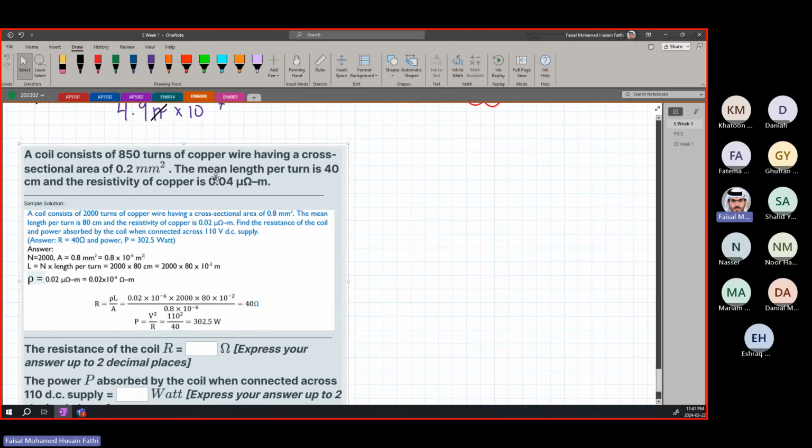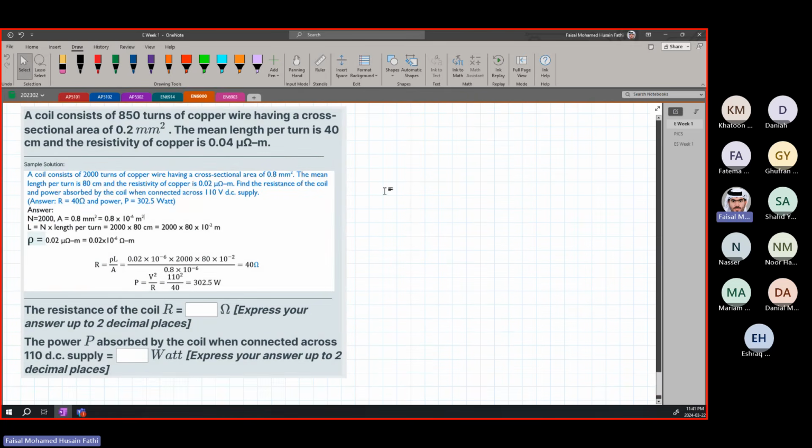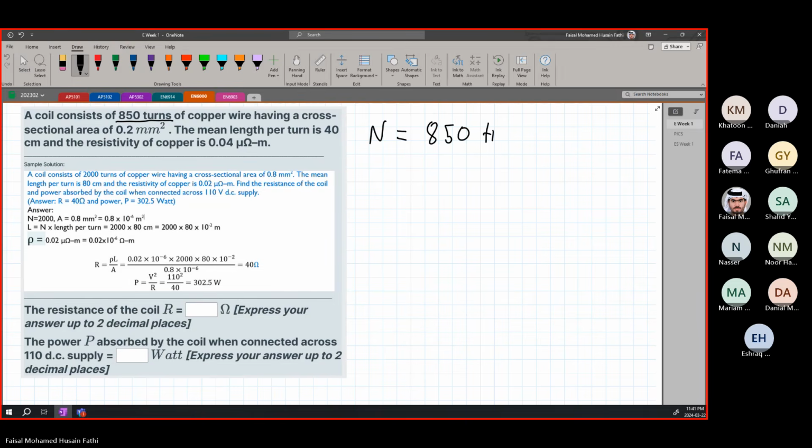Again, very similar type of question. A coil consists of, again, 850 turns. So I will write from the beginning N is equal to 850 turns. Of copper wire having a cross-sectional area. The area is 0.2 millimeters squared. So area is equal to 0.2 millimeters squared times 1 meter over 1000 millimeters all squared.